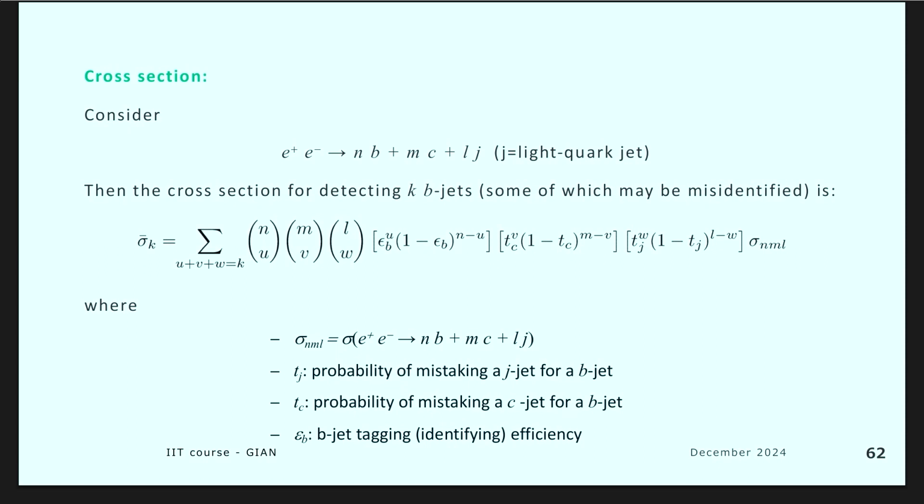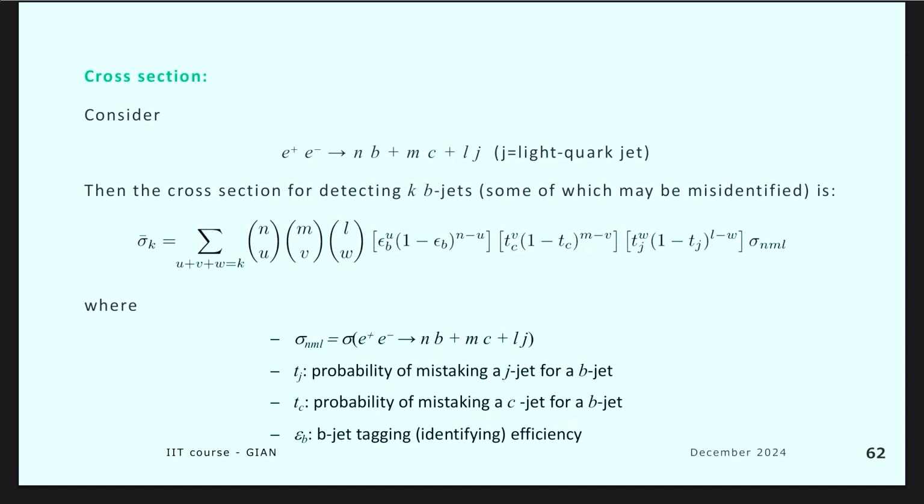Then the cross-section that you actually measure is a funny combination of all the ones for this production, for this final state, because you may screw up and misidentify a B quark, screw up and identify a C quark as a B, or identify a light quark as a B as well.